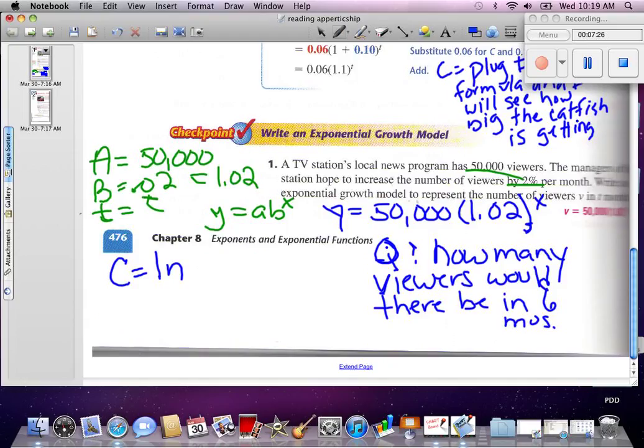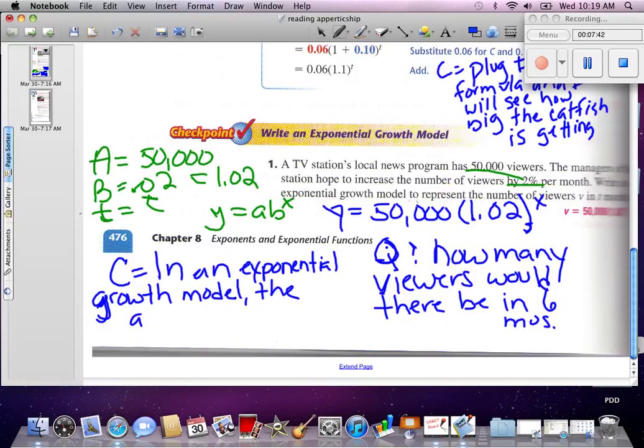In an exponential growth model, the answer will be bigger than the initial amount, or the starting amount, whatever. I'm going to put the starting point.